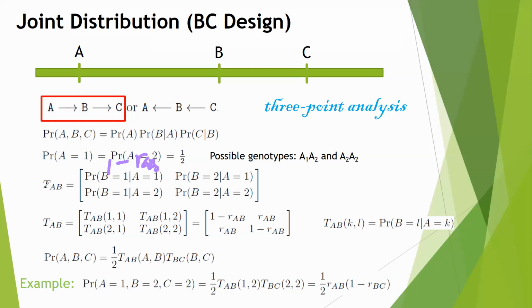Because R_AB is the probability of having a crossover between A and B, so 1 minus R_AB is the probability without a crossover between A and B, right? I hope this is clear. So we use this to represent this probability, right?